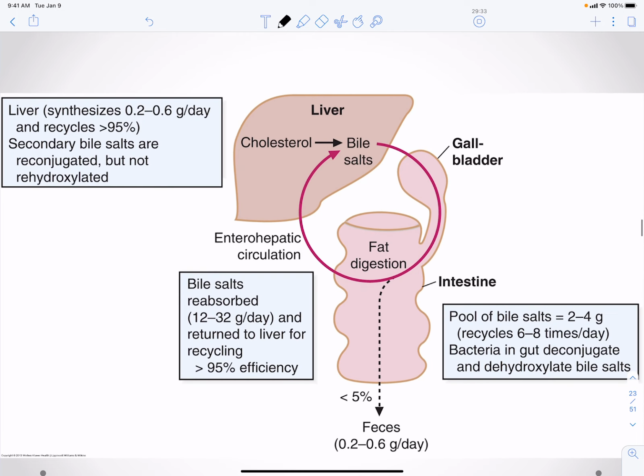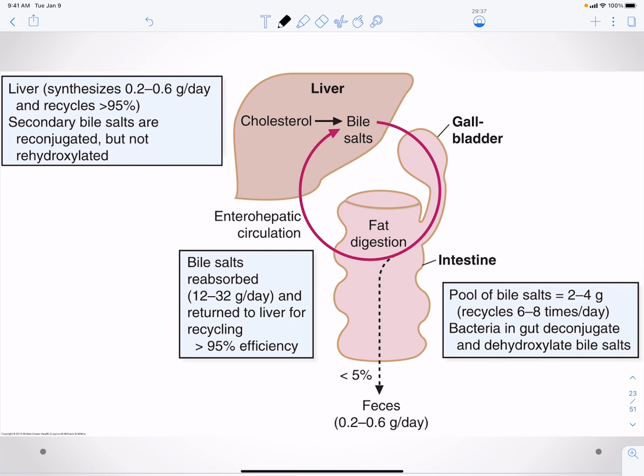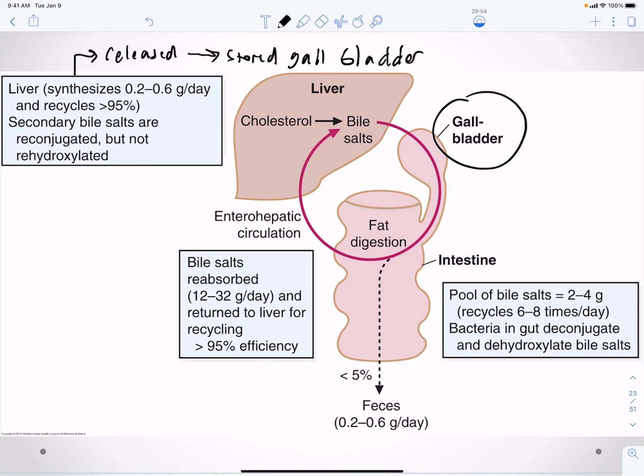Okay, so the liver is going to synthesize bile salts. Your bile salts are going to be released by the liver, and stored in the gallbladder. And so your gallbladder is going to release your bile salts when there is food.